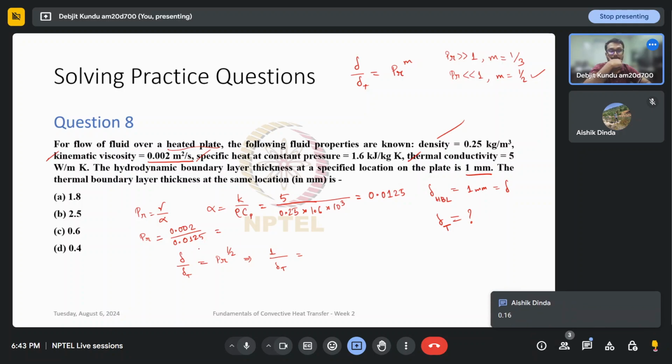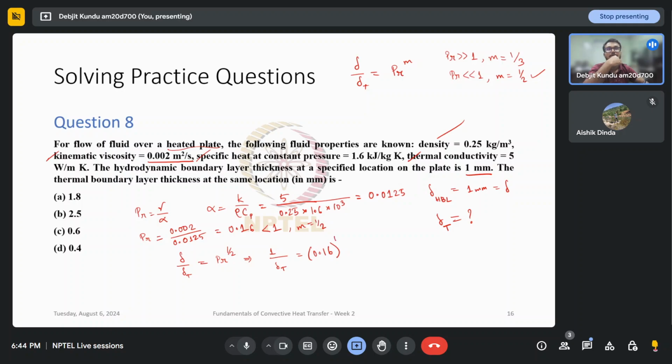Or no, sorry, 0.16. Oh yeah, 8 into 2, yeah. So 0.16, so the Prandtl number is less than 1. We will use m equals half. So 1 millimeter over delta t in millimeters should be equal to this Prandtl number, that is 0.16 to the power half, which is 0.4, I guess, right?